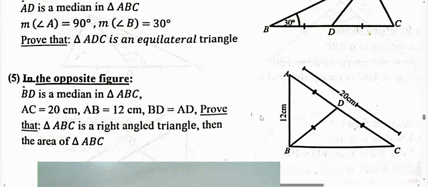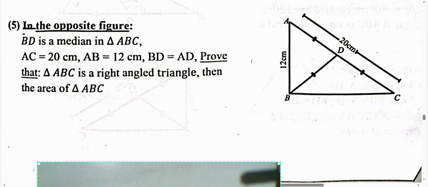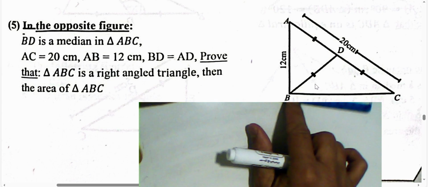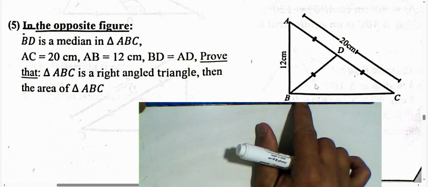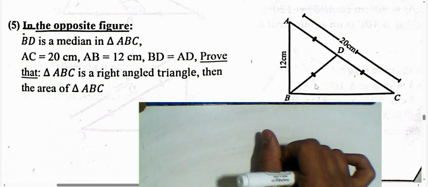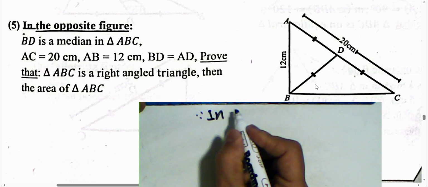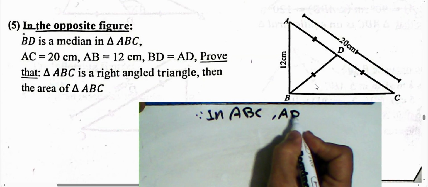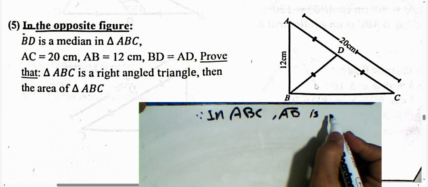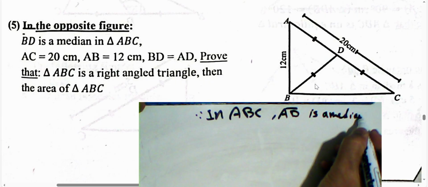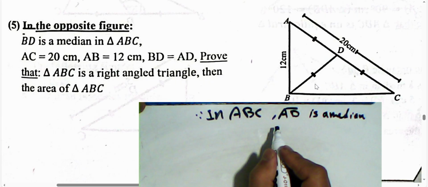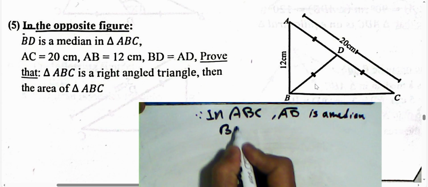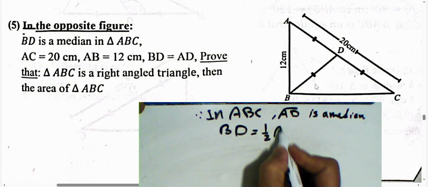Next question. In the opposite figure, we want to find the area of this triangle. First step, we must prove that angle B equals 90 by the converse. He gives us the information that BD is the median in triangle ABC, and BD is half of AC.